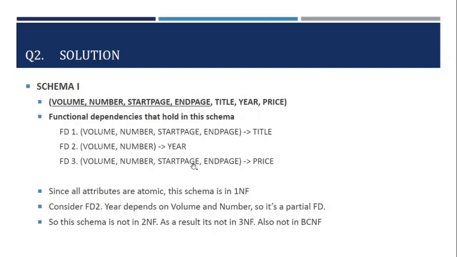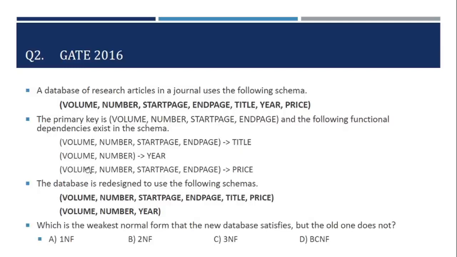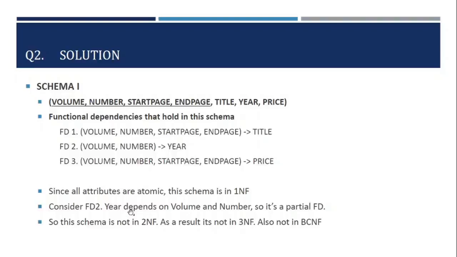So to answer this question, let us find out the strongest normal form applicable for the first schema and also for the revised schema. The primary key for the first schema is volume, number, start page, and end page, and then we have three non-prime attributes: title, year, and price.